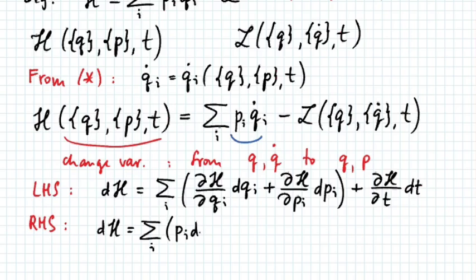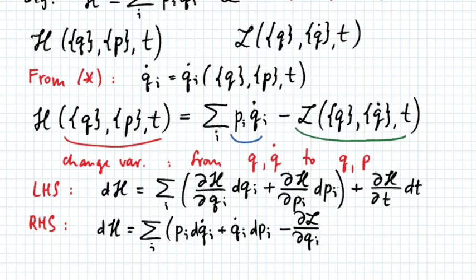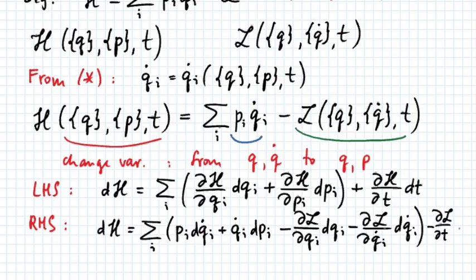It's going to be p sub I full differential dq sub I dot velocity plus q sub I dot full differential of momentum dp sub I. Minus the Lagrangian is going to give us the next three terms, which are partial derivative of Lagrangian with respect to generalized coordinates q sub I times full differential dq sub I, minus partial derivative of Lagrangian with respect to velocity q dot sub I times full differential of velocity dq dot sub I. And then we can close the sum, but there is one more term, and this term is minus partial derivative of Lagrangian with respect to time times dt. Okay, so these two obviously are equal.